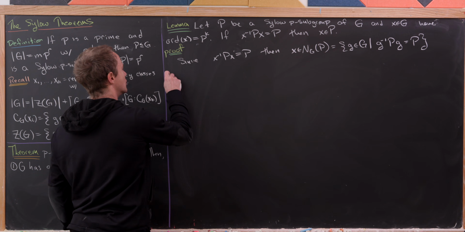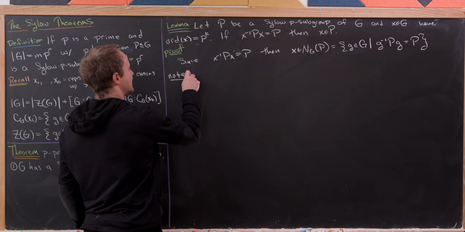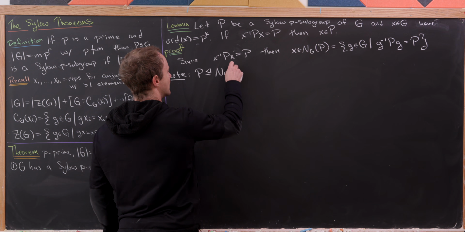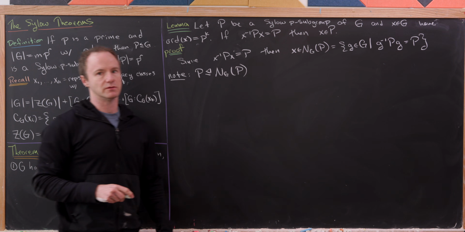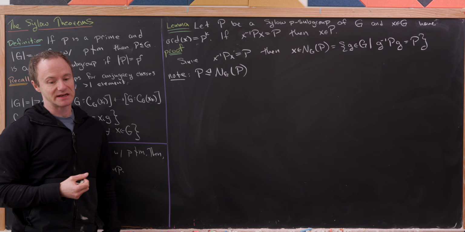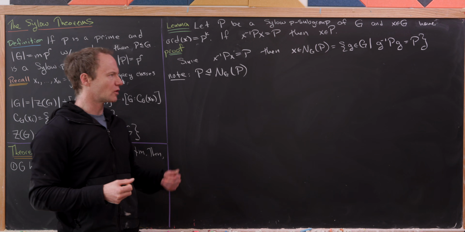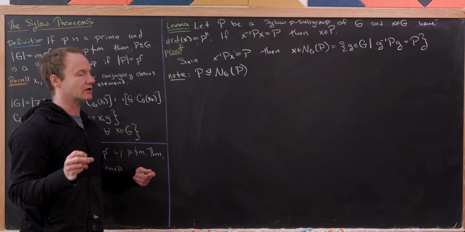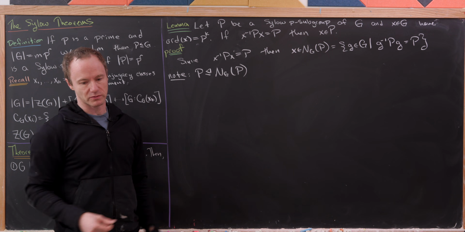Now let's note the following, and I think this is pretty clear: P is a normal subgroup of the normalizer. So the normalizer is aptly named. In fact, this normalizer is the largest subgroup of the entire group that P is a normal subgroup of.